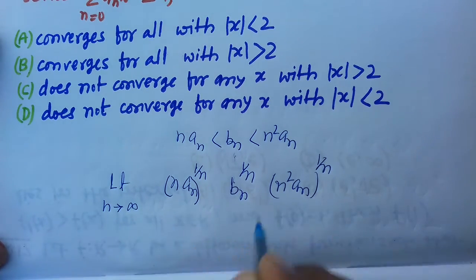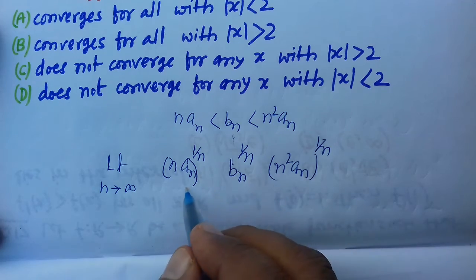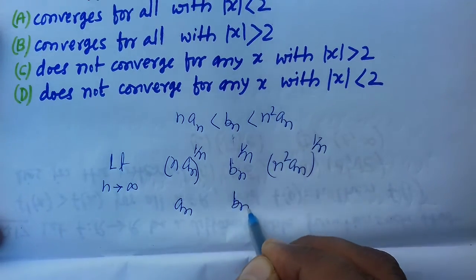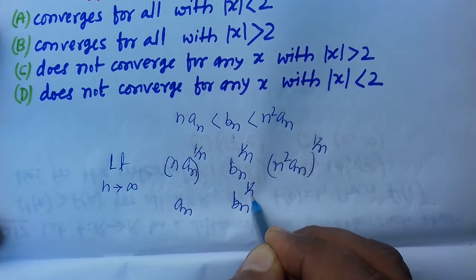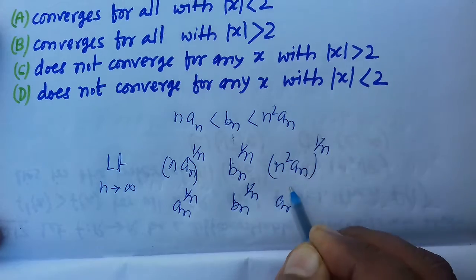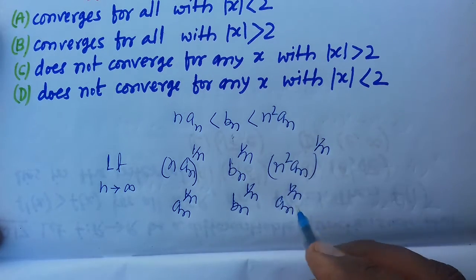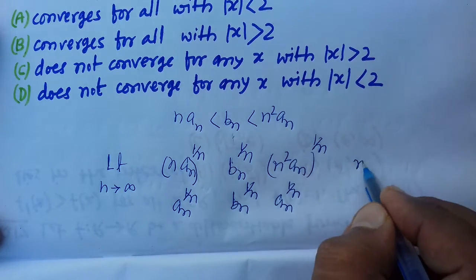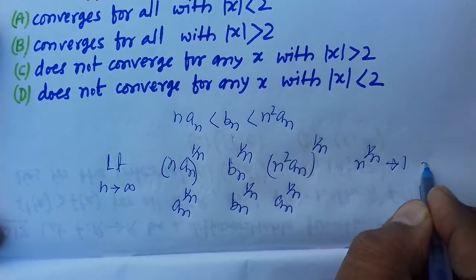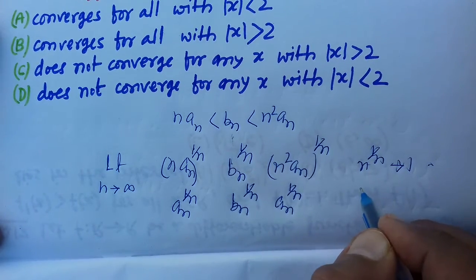Then this will be a_n to the power 1/n, this will be b_n to the power 1/n, and here also a_n to the power 1/n, because n to the 1/n tends to 1 as n tends to infinity.